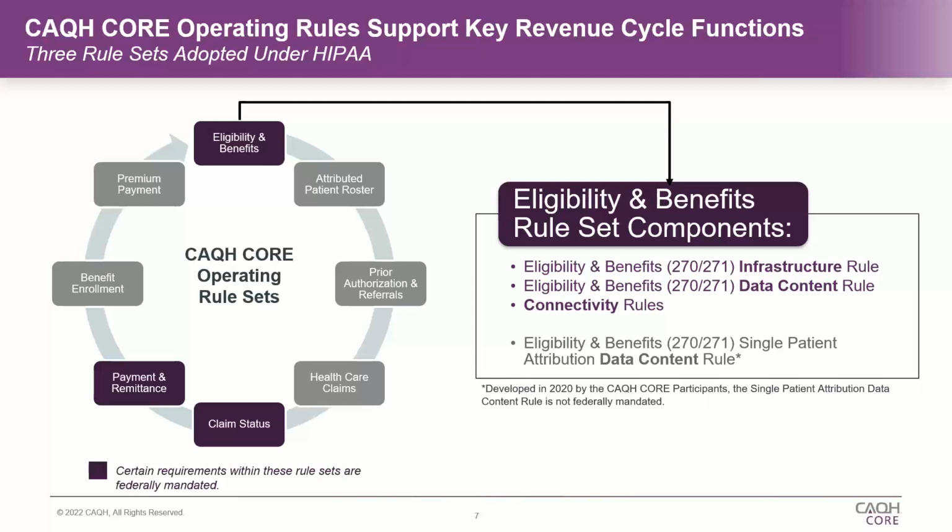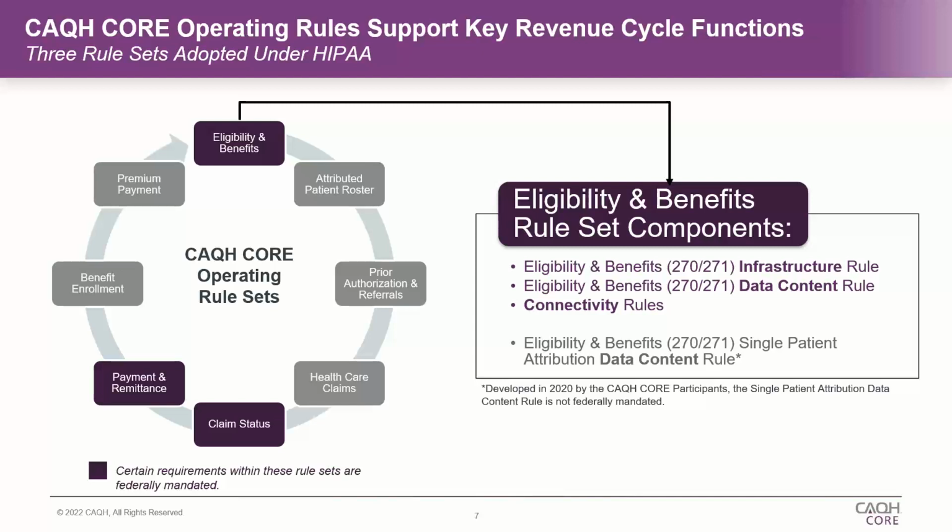So we want to be able to cover both the existing rules, what you're required to do today, and potentially even the future requirements that, especially for those CORE certified entities, over the next couple of years, you'll be remediating your systems to build those types of capabilities to answer those types of questions that providers have around eligibility and benefits.